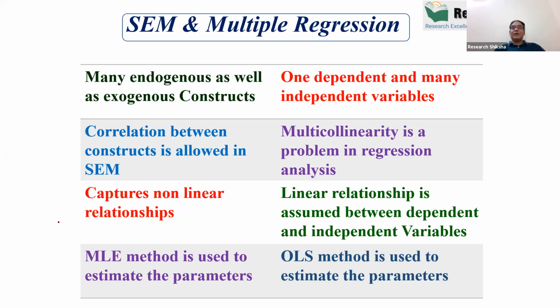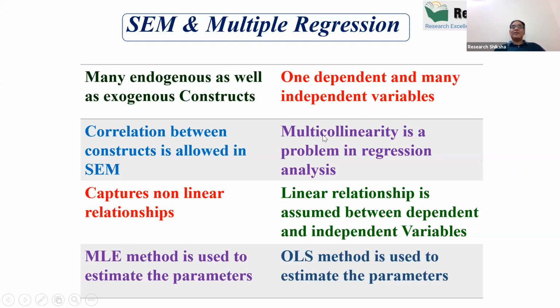So you should know the difference between structural equation modeling and multiple regression. In multiple regression, there is only one dependent variable and many independent variables. But in SEM, you can use many endogenous and many exogenous variables in one single model.